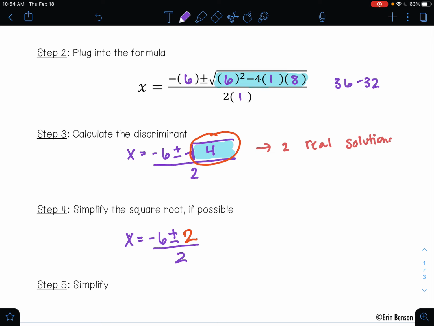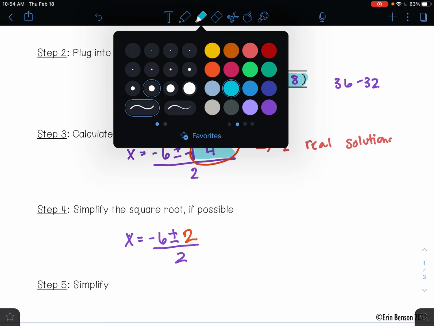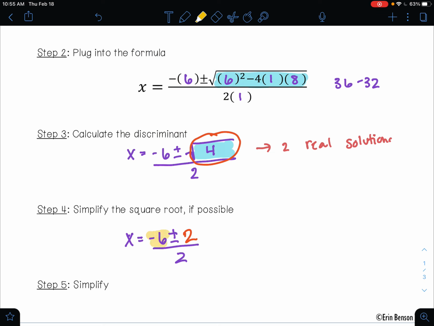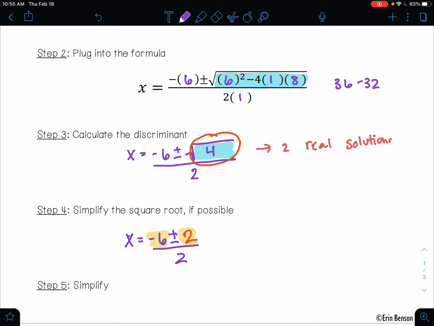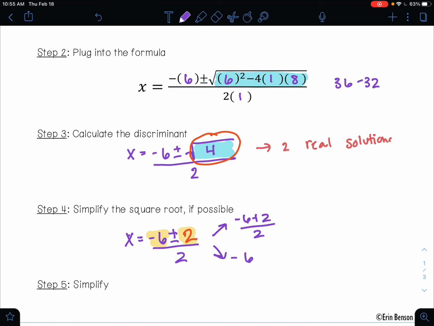But when we look at this one, I can see that negative 6 and 2 are like terms. So I can go ahead and say, all right, if I know that these are like terms, I can separate this into 2 different problems. Those 2 different expressions are going to be negative 6 plus 2 divided by 2 and negative 6 minus 2 divided by 2.